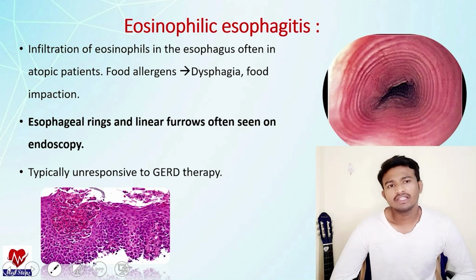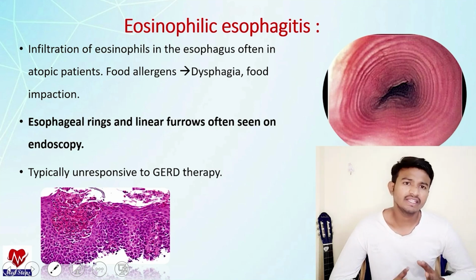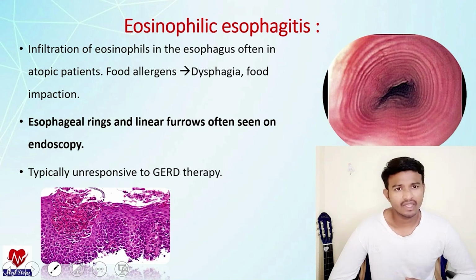In eosinophilic esophagitis, if you are seeing eosinophils, that means it is an allergic condition. Some allergy is happening there. If a patient has asthma or allergic conditions, in this type of person we can suspect eosinophilic esophagitis. In this condition, what will happen?